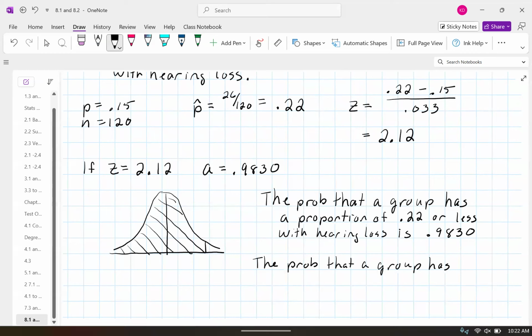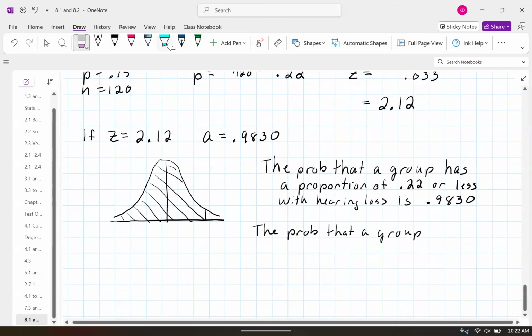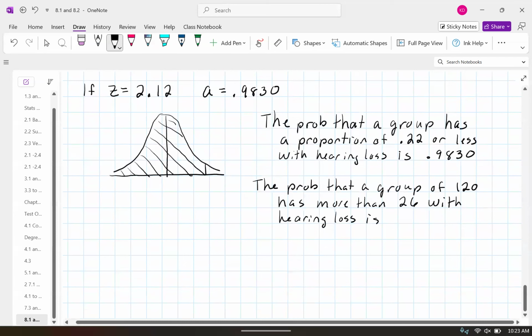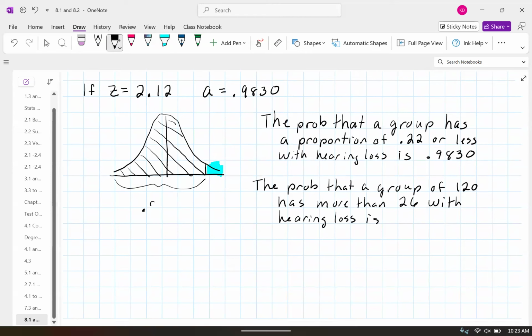The probability that a group of 120 has more than 26 with hearing loss is 1 minus the number we looked up.